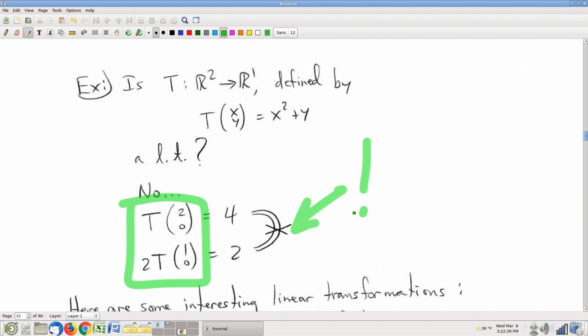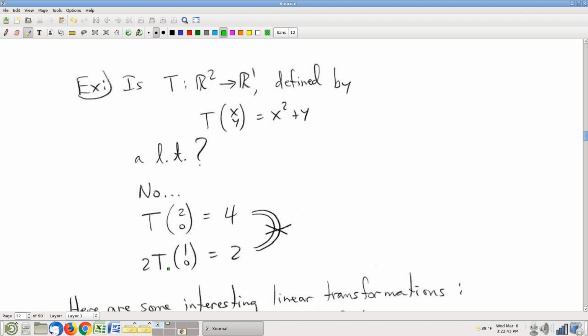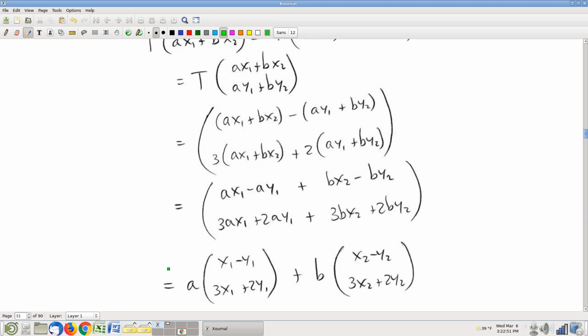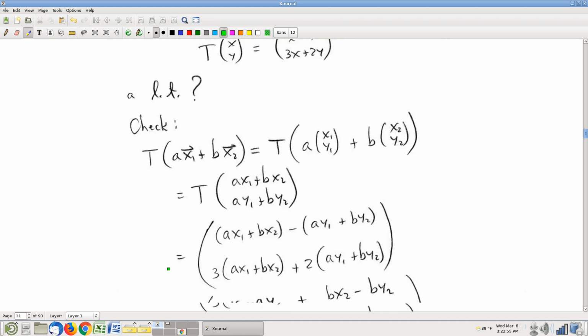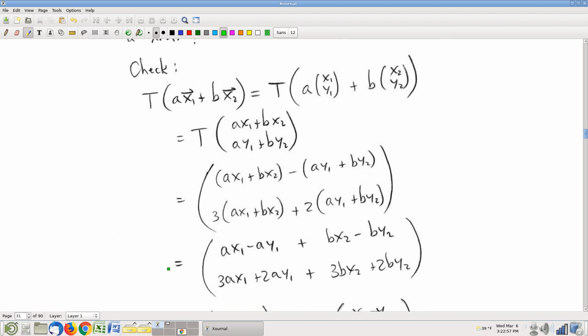Now, a quick observation I'll make. Students sometimes get confused: how come proof by example works here, whereas before we couldn't do an example? Before, we had to actually show all the algebra. It's because if you're trying to show that something is always true, that's hard. That requires algebra.